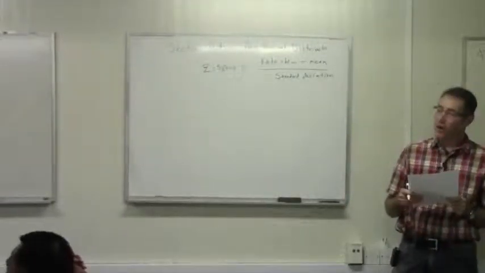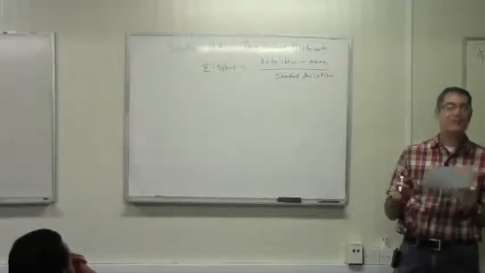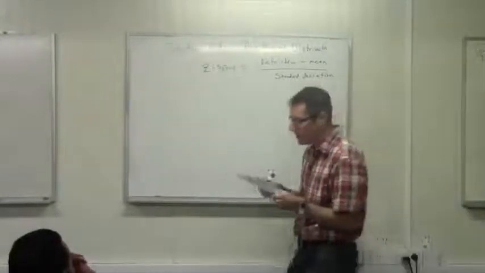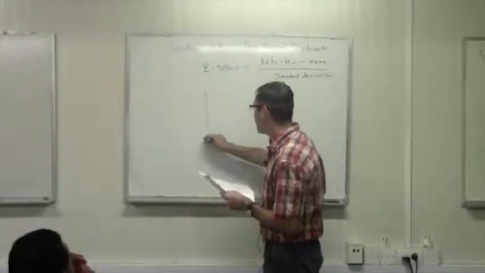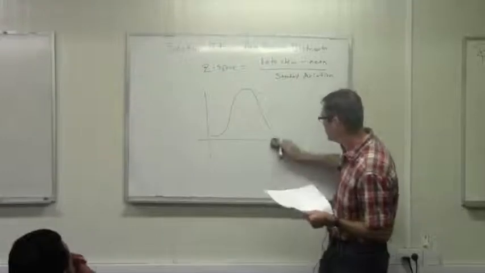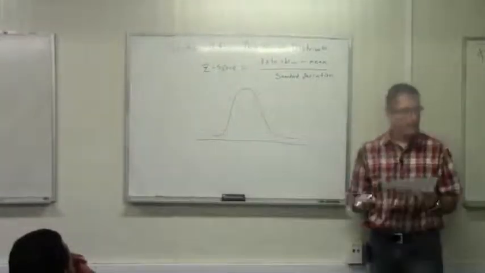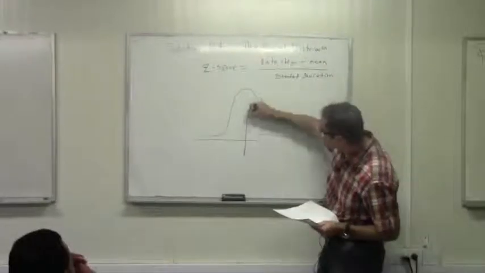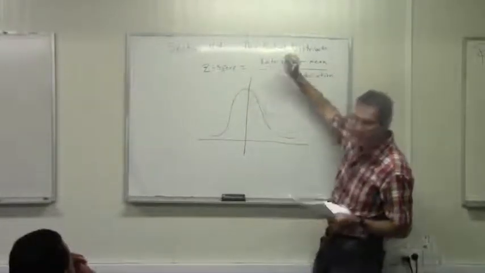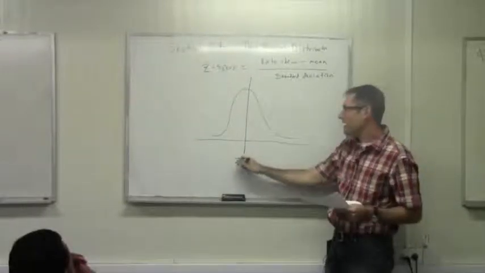The z-score also measures a data item's position on that normal distribution. So we have the normal distribution, okay? Like this. Do it like this. There's your normal distribution, okay? Let's say that's right in the middle. What's the z-score of that right there?